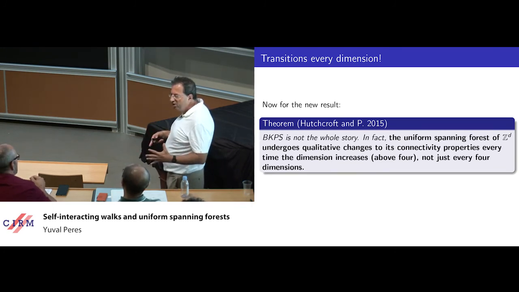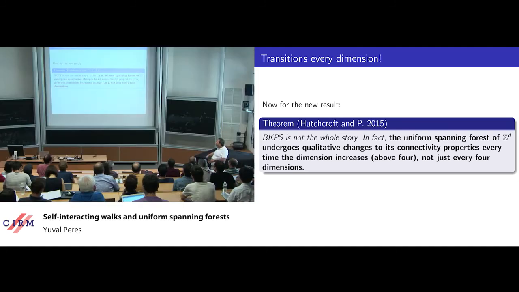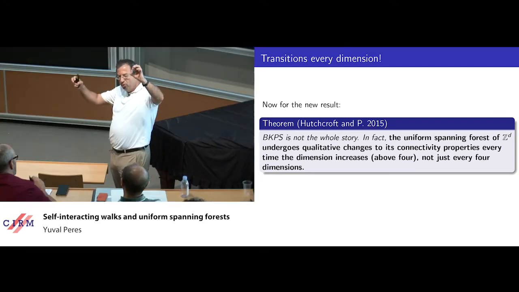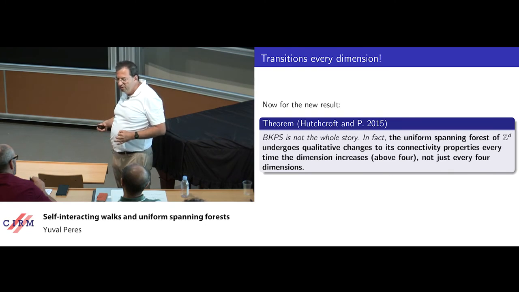So for any two dimensions above 9, and in some sense above 4, but let's focus from 9 on, the graph I told you changes every dimension. So this graph where the nodes are components of the forest really changes every dimension, although its diameter only changes every 4 dimensions.